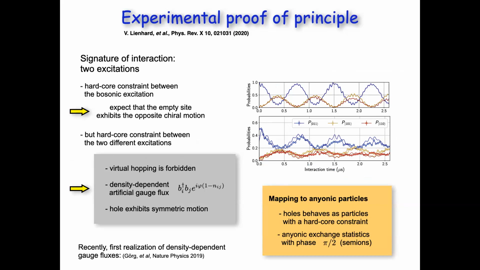But now keep in mind, our gauge field is generated by a virtual process. So if I have 2 atoms, I cannot hop to my side for my virtual excitations because there's already an excitation there. So that means that the gauge field is turned off. And as a consequence, the dynamics is completely symmetric, as if you don't have a magnetic flux for the system.